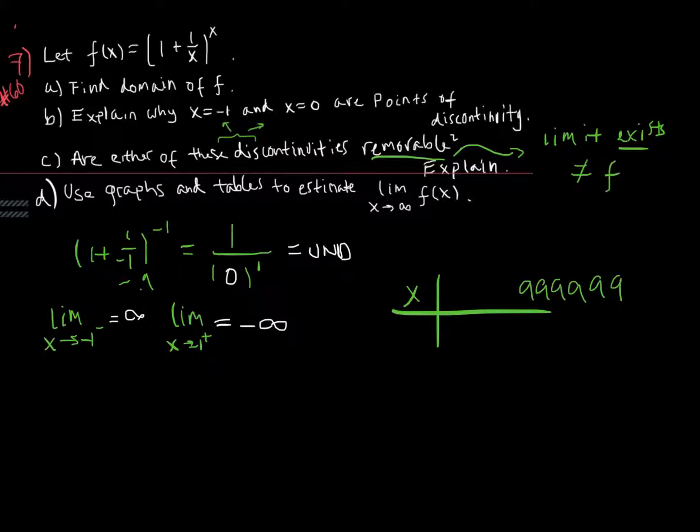Okay. And what you'll notice is that f of x is going to be approaching a very famous value. In fact, that famous value is going to be the value e, which is approximately equal to 2.718, and so on and so forth.